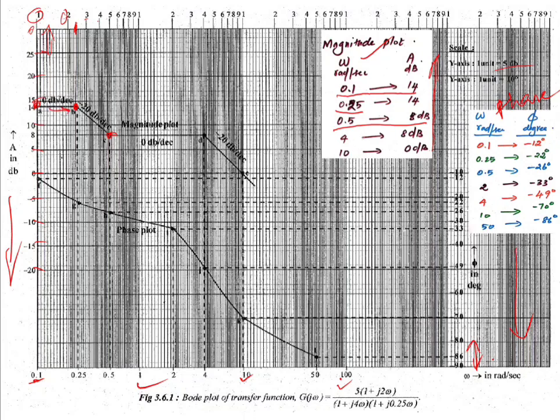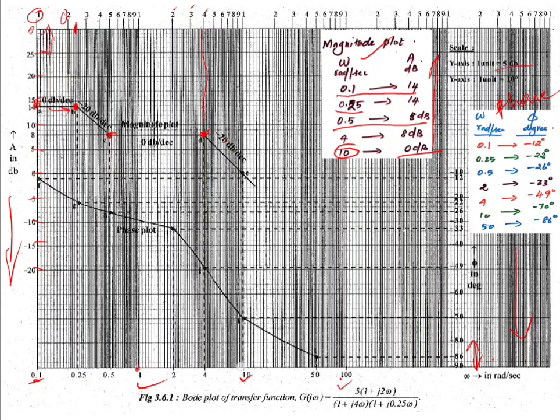Then the fourth one is 4 radians per second. This is 1, and this is 2, this is 3, this is 4. When you are tracing, for 4 the point is 8 dB. 8 dB is above 5 and below 10. It's somewhere near here. Then finally 10 radians per second, 0 dB.